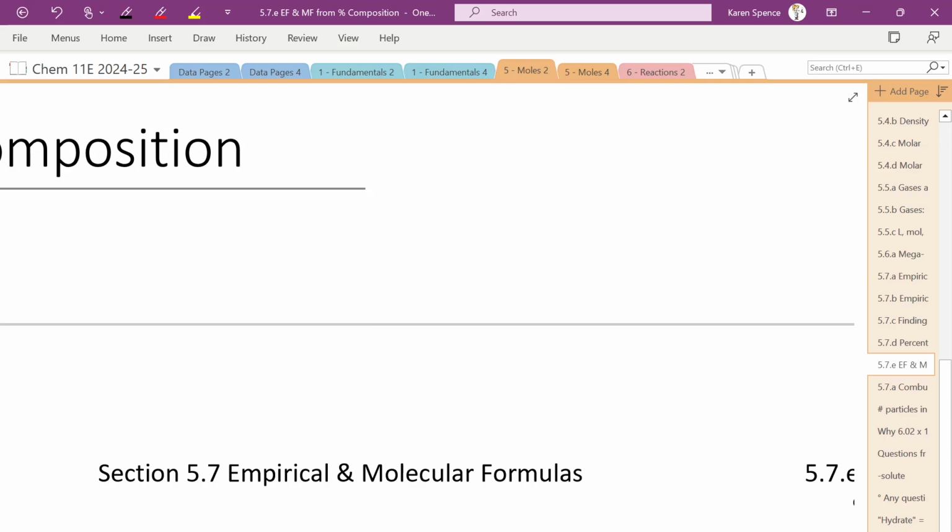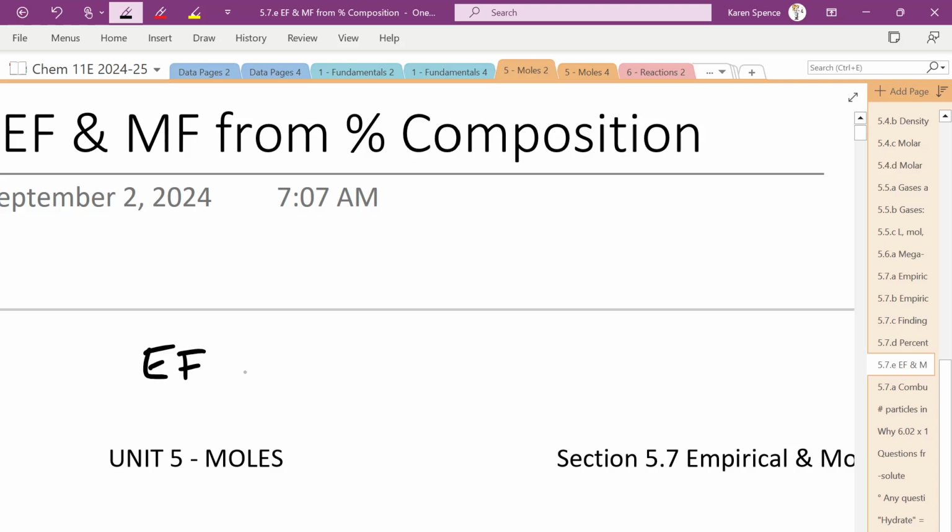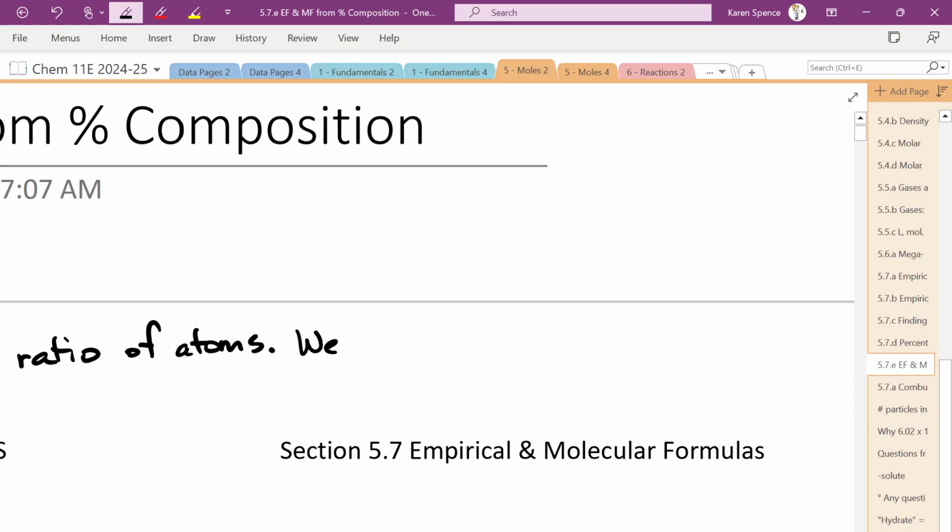And if the poem doesn't help you, if you're like, I cannot remember the poem, you can think, what is an empirical formula? It is the ratio of atoms. And how do we count atoms? We count them in moles, okay? So the empirical formula is the ratio of atoms. We count atoms in moles. What is a measurable quantity that we can use to convert into moles?